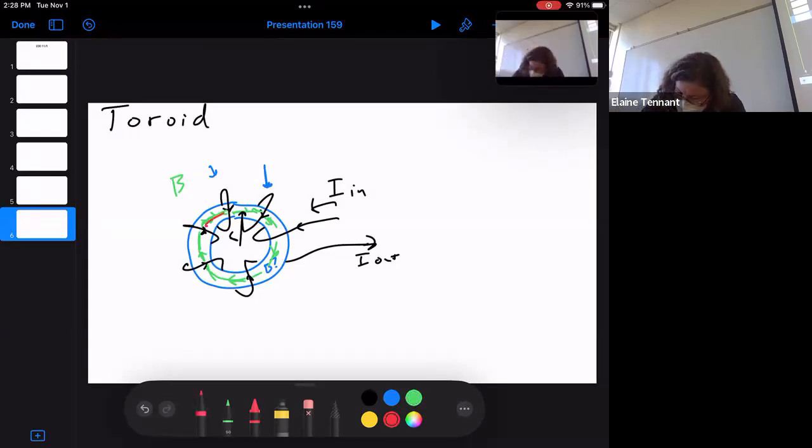So our imaginary loop just lays right on top. Okay, so B dot ds equals mu naught I, and let me say I inside.